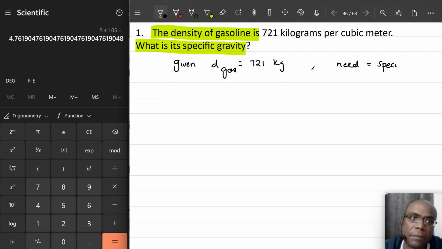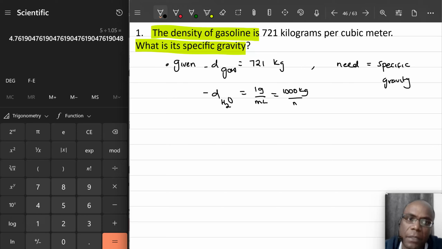I need the specific gravity. In such a question, you are also going to be given the density of water. Remember, I told you the density of water can be written as 1 gram per ml or 1000 kg per meter cubed. I'm going to go with this one because I see the density of gasoline was given in kgs.